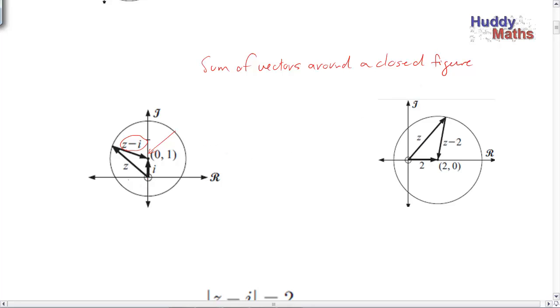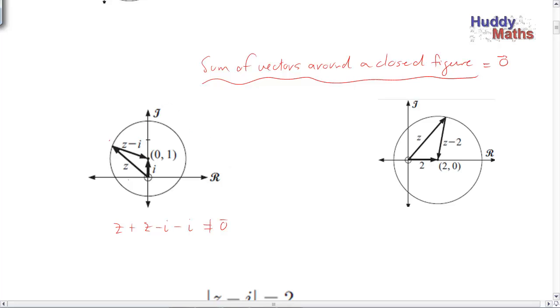Here we go. If we start looking at displacement of the origin, we displace it Z to here, and then we'd go Z take I, and then we'd go negative I. And that does not equal the zero vector. So what's going wrong there? Okay, well, let's have a look. That Z take I, the sum of vectors around a closed figure is equal to the zero vector.